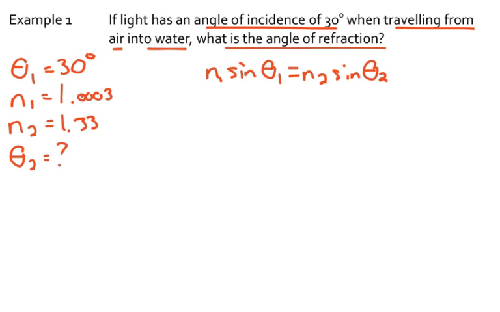So fill in what we know. N1, 1.0003. Sine is not a variable, it's a function on the calculator. So sine of 30 degrees, we'll deal with that in a minute. N2 is 1.33. Sine of theta 2, which we don't know.